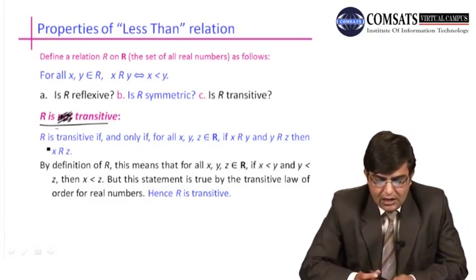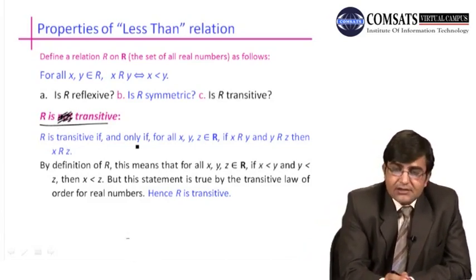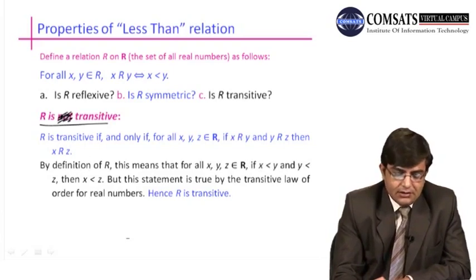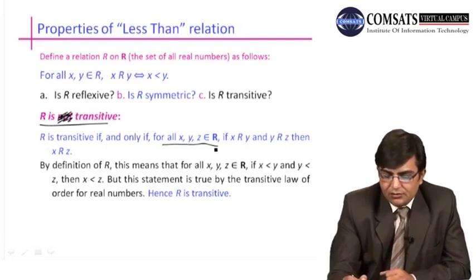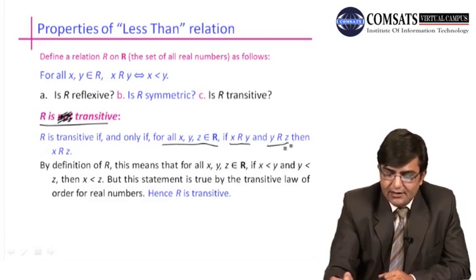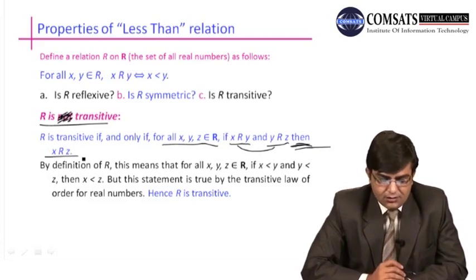If we want to show that R is transitive, what is the condition to be verified? For all x, y, z belonging to R, if x is related to y and y is related to z, then we check whether x is related to z or not.